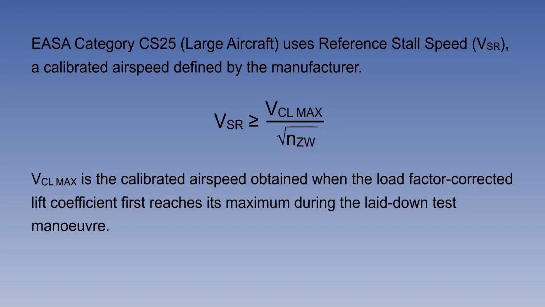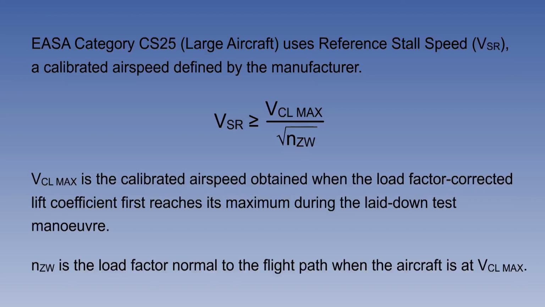In addition, if the aircraft is fitted with a stick pusher, a stall prevention device described in the next section of the lesson, VCL max may not be less than the speed at which the device operates. NZW is the load factor normal to the flight path when the aircraft is at VCL max.